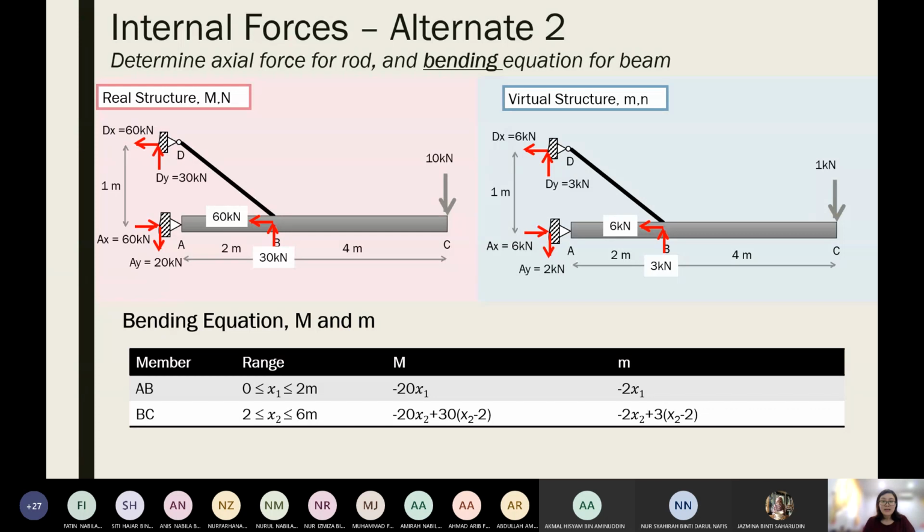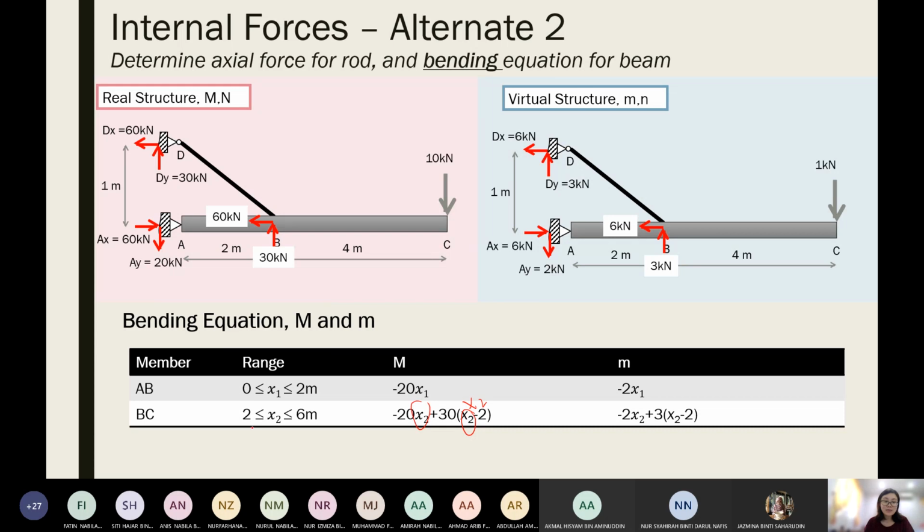So with either of these alternatives, you still get the same answer. You can substitute the x value into this and you will get the same value for both cases.